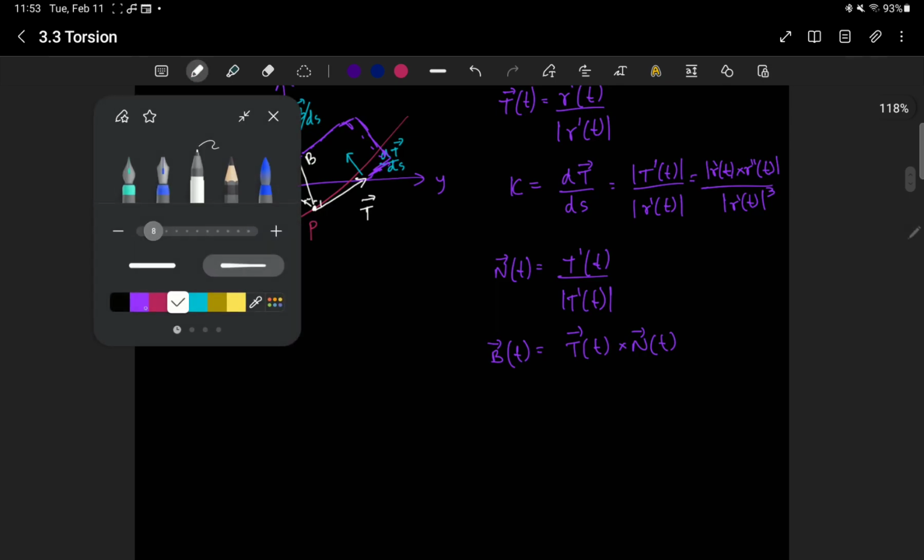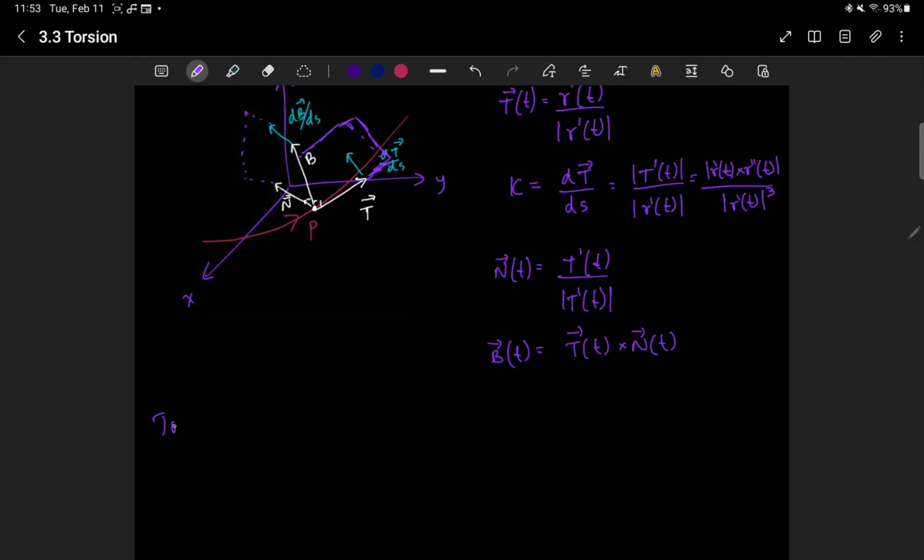So what is torsion? It's kind of like curvature, but in a different plane. When you think of curvature, it's in the plane of the space curve, whereas torsion, intuitively, is a measure of how much the curve twists.